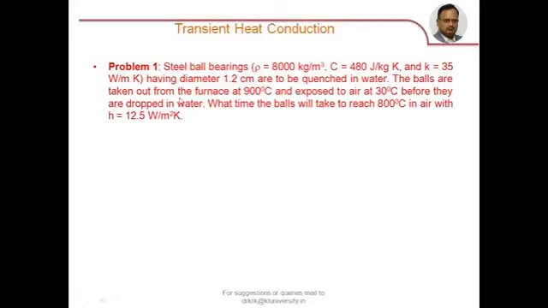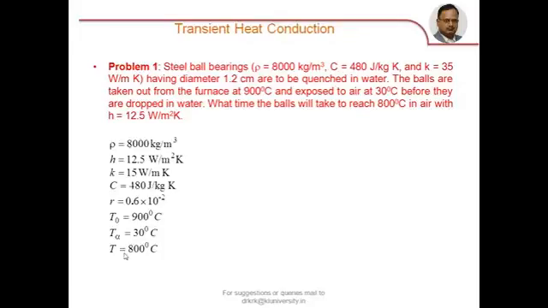Hypothetical data, actually there won't be 900 degrees centigrade, 800, etc. But now the initial temperature of the ball is 900 degrees centigrade, and you are expecting the ball to reach 800 degrees centigrade at a time t equal to how many seconds?